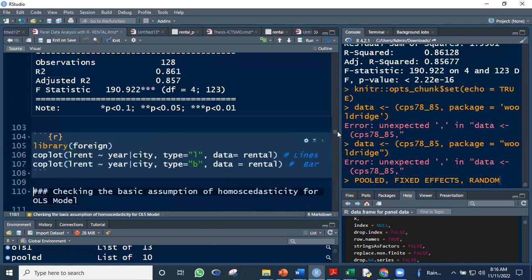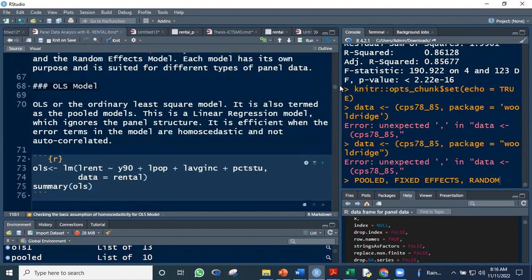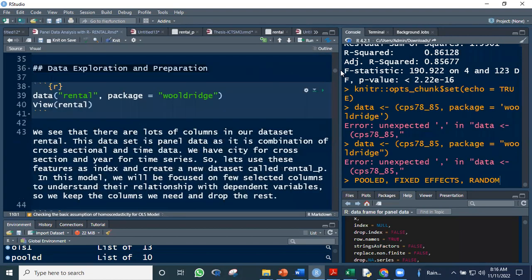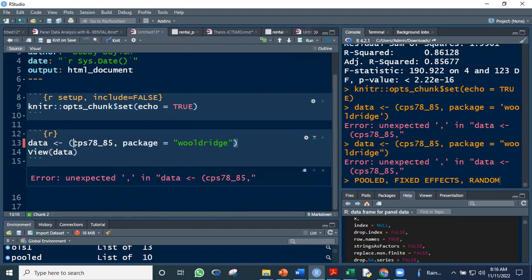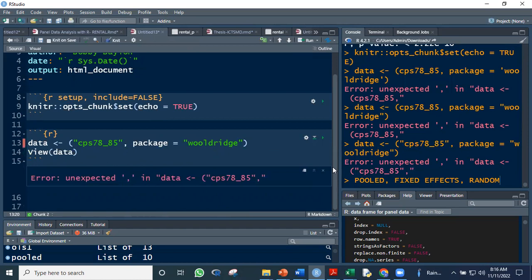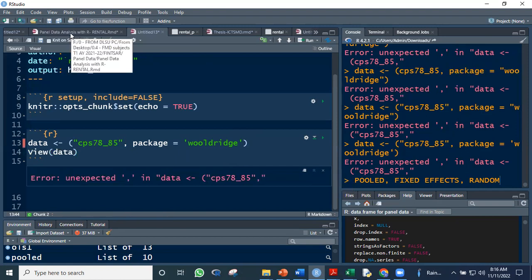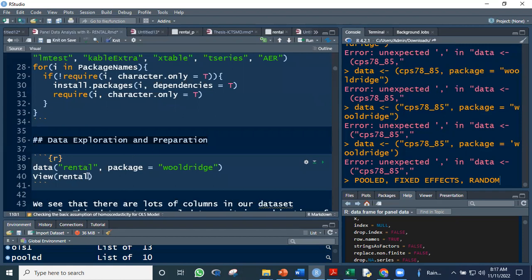Oh, this is our rental data. The syntax changed, so we need it in codes. Why doesn't it work? Package is equal to Wooldridge. The spelling is correct. Help me guys decipher the error. This one ran before, didn't it? Sir, there is no alt minus.